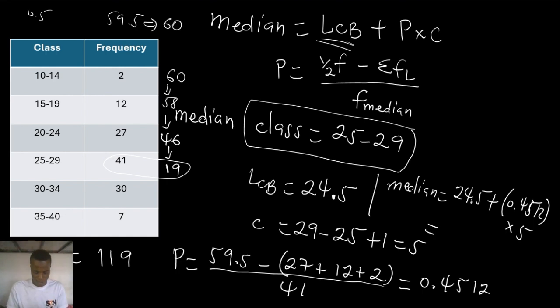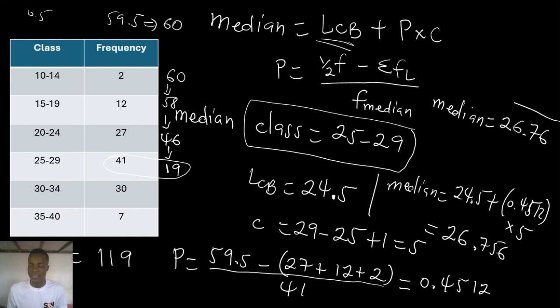So we have 24.5 plus 0.4512 multiplied by 5. This will give us 26.756. If it is not mentioned, you need to stop at 2 decimal places. So at 2 decimal places, we have 26.76. This is the median for this data.